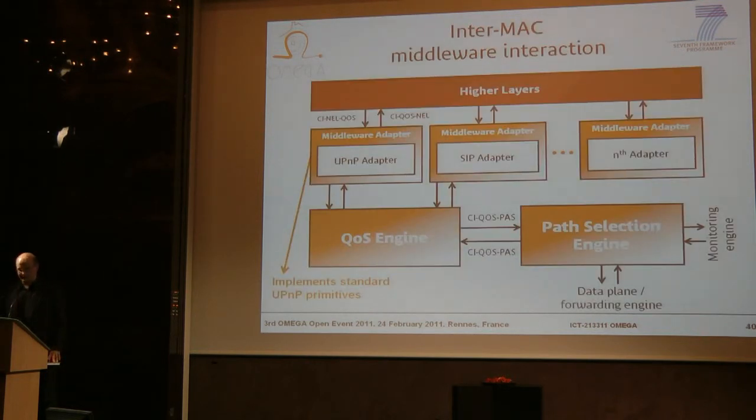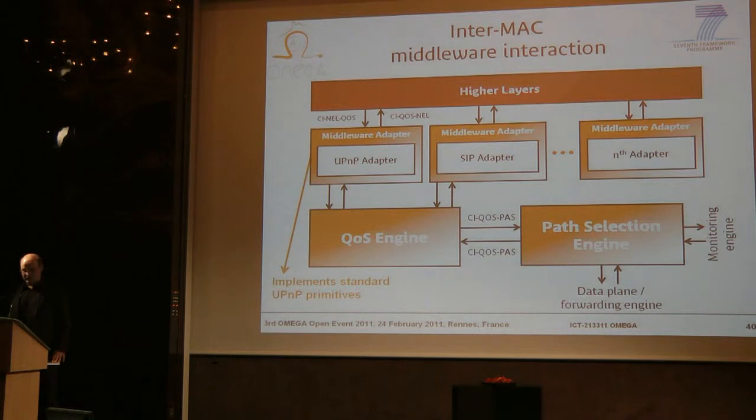And this is done by the quality of service engine, which interacts with higher layers. And similarly to the InterMAC adapters, we have middleware adapters, which provide the connectivity with middleware applications, such as UPnP, for example. Here we have a middleware adapter, which is the UPnP adapter, and this UPnP adapter implements standard UPnP primitives, for example, to find out if a certain quality of service flow can be set up with a certain quality of service output.